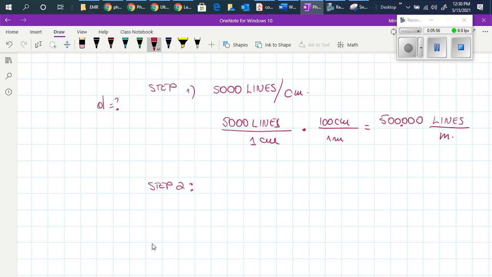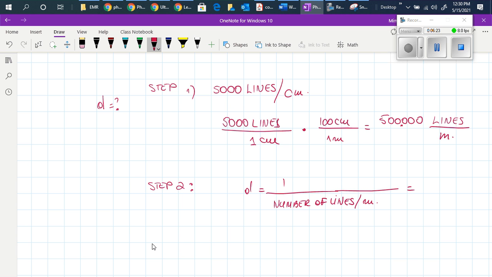When you are finding the distance between the two slits, you are just inverting it. So d will be 1 over the number of lines per meter.